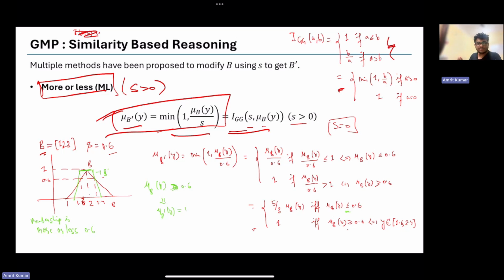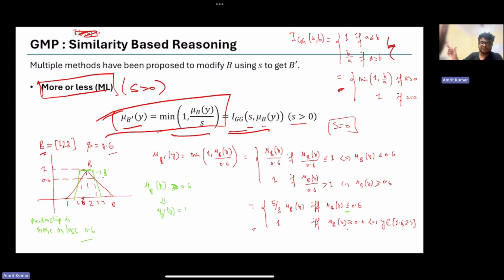Then any membership that is greater than 0.6 definitely satisfies this concept with a degree 1, right? And any membership value that is slightly lower than 0.6 satisfies it to a greater degree, to a degree that's closer to 1, certainly not equal to 1, but somewhat closer to 1.